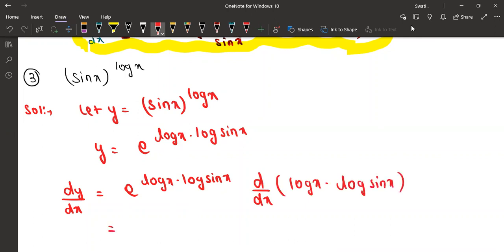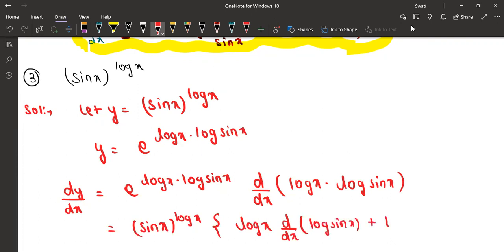So this will become as it is. So this we can simply write down as sine x raised to log x. And then here using the product rule, we can just write down this as keeping log x constant and doing the derivative of log sine x, plus keeping log sine x constant and doing the derivative of log x. Simple, it's derivative of log x.